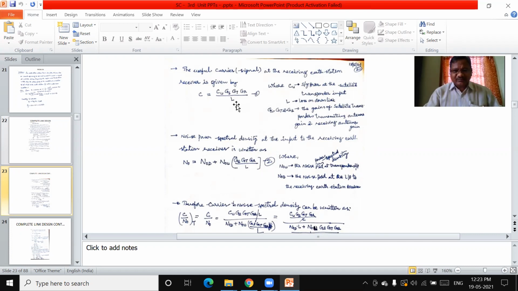So obviously you need to subtract the noise from this signal; the remaining one would be the actual power C that we obtain.